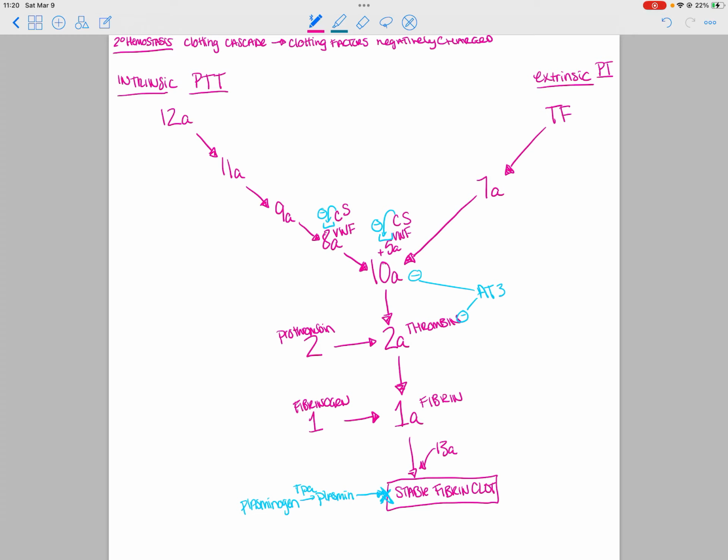So if PTT is elevated, we need to keep in mind that there's something wrong with 12A, 11A, 9A, 8A clotting factors. And if PT is elevated, there's something wrong with tissue factor or 7A. Okay, this is a way to kind of widen the concept before we get into the pathophys.